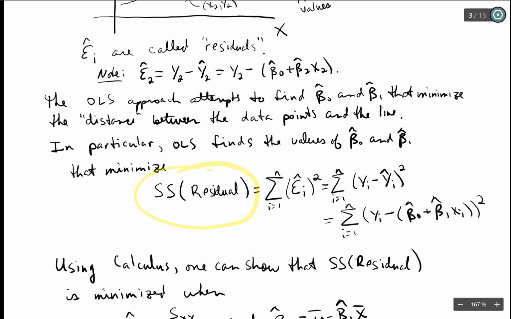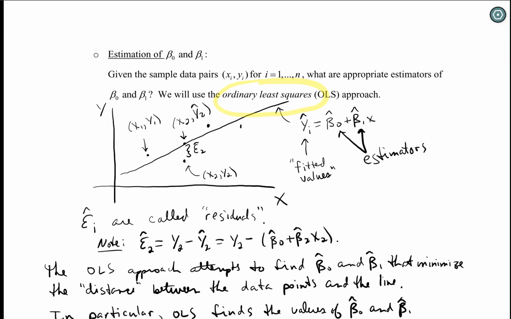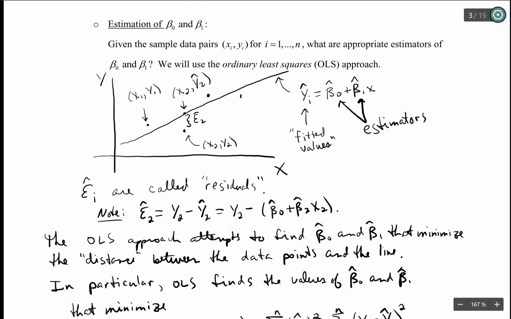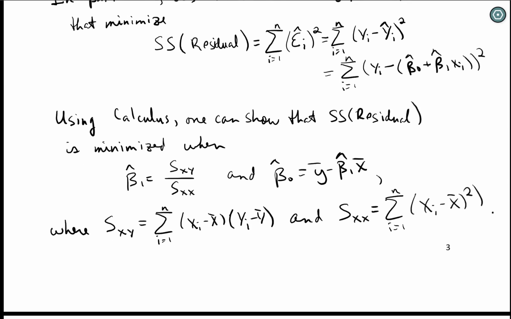We're minimizing the squared distance between the data and the line, adding up those squared distances and minimizing that function. The big takeaway is that we have these least squares estimators that give us a line of best fit.